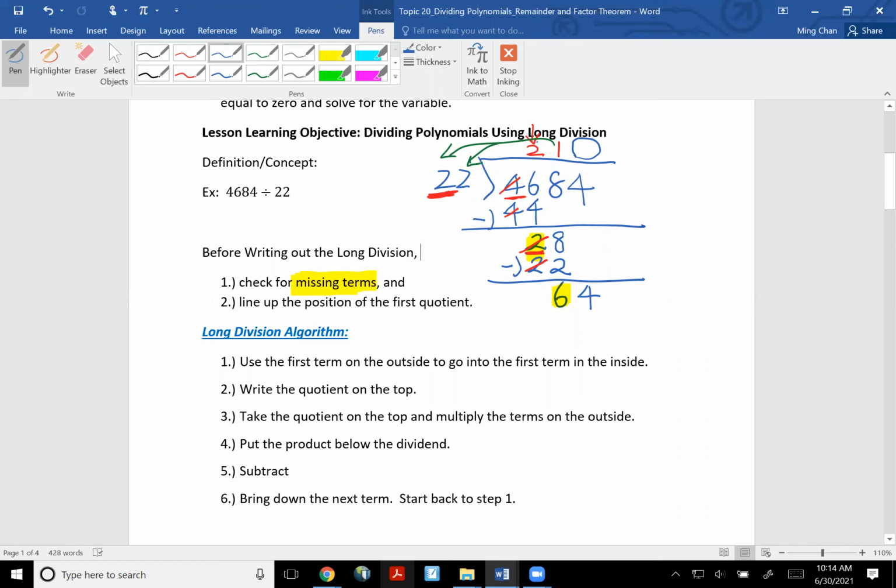And then you take the quotient on the top, multiply all the terms on the outside. And then the answer you get, you put the product below the dividend that was on the inside. You subtract, then after you subtract, you bring down the following terms. And then start back to step number 1. Okay, we're gonna go through these 6 steps over and over.